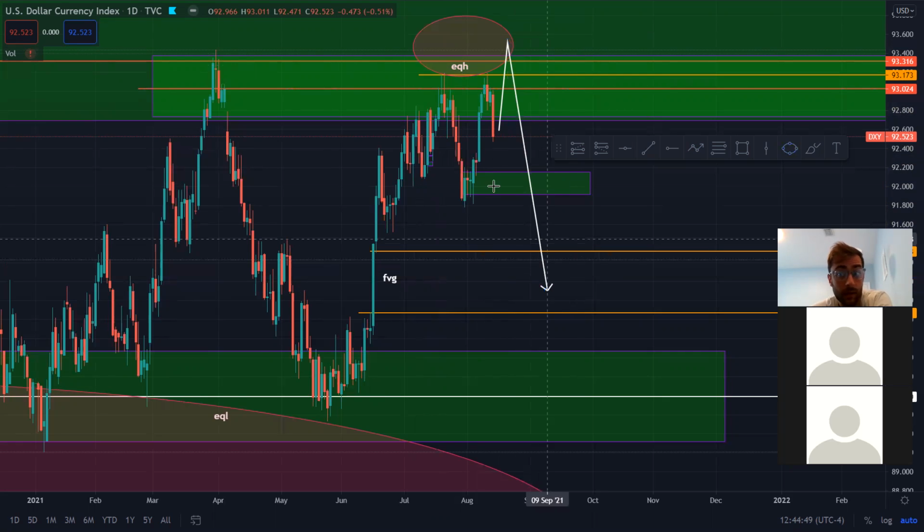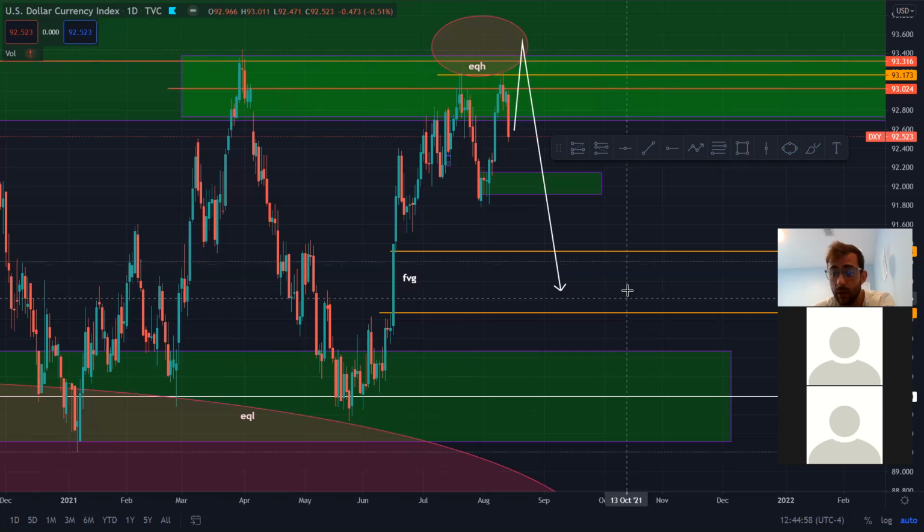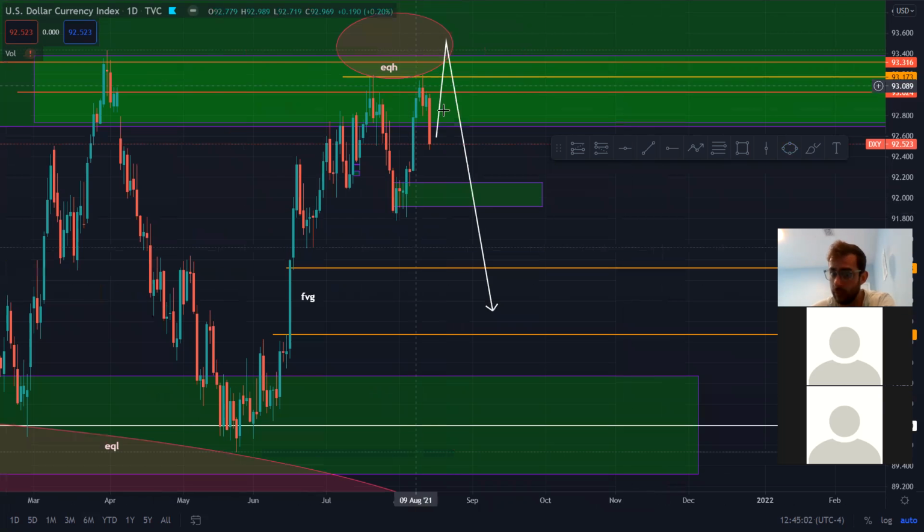That can happen. It's called a trap entry. We could see that very clearly. It could go like that, but it could also not be like that. It has many different opportunities. It could also just straight up come back down. We're going to have to really determine where it's going to go and keep an eye out.